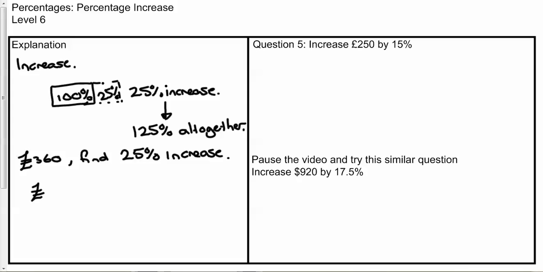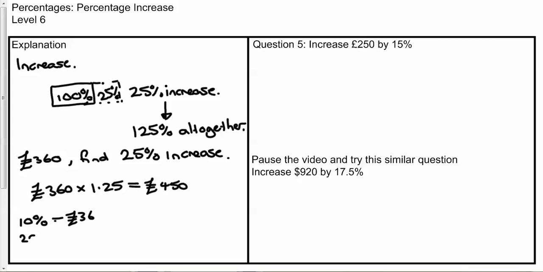What I can do is take my £360 and multiply it by 125%, converted into a decimal multiplier, and that will take me directly to the answer to this particular question. 25% of 360 is 90, so it turns out to be £450.